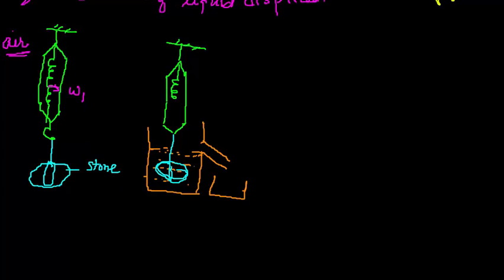Now what do you think? What should be the reading in the spring balance? Should it be the same W1? Will it increase or decrease? We know from our experience that when we are in a liquid, we feel lighter, we feel less weight. So the spring balance gives another weight, W2, and W2 is less than W1.